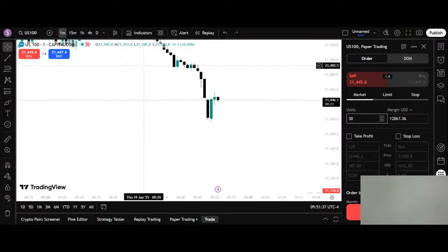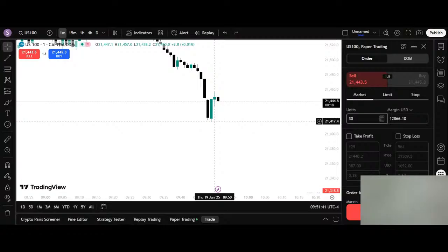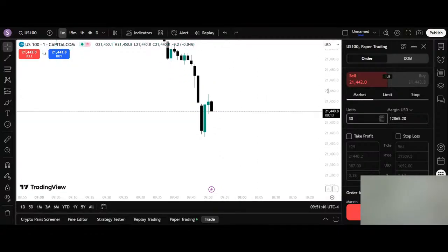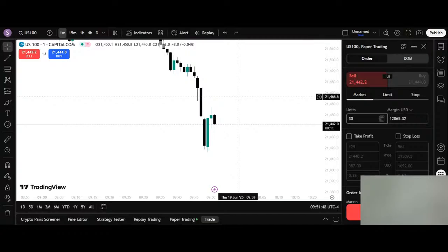So I'm going to wait till I find a good entry so I can target this low. I may not, that's fine, it's okay, but I'm just going to wait for it.